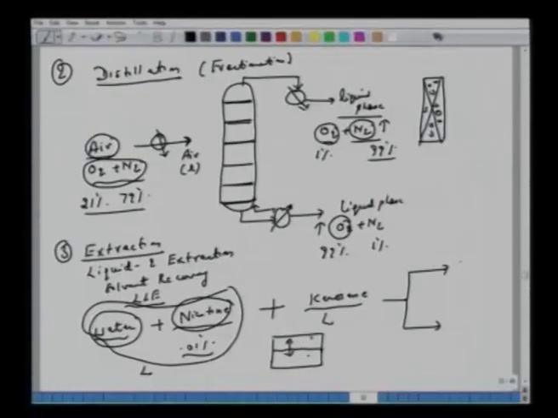Now both phases, the top and the water, will contain nicotine. One phase, the water, contains nicotine, but a very small amount. Another phase, which is kerosene, will also contain nicotine, but a very large amount.